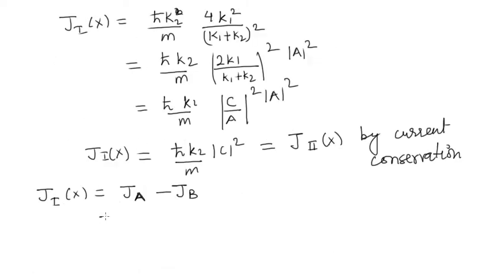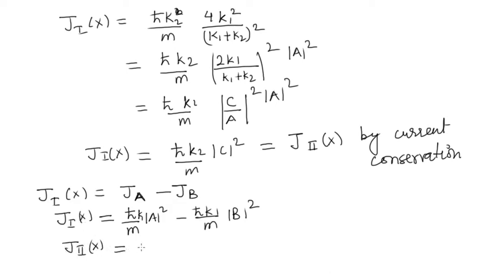This is my J1x, and my J2x I can write as h cross k2 upon m mod of C square. This is equal to JC. So this is my incident current, and this is my reflected current, and this is my transmitted current.